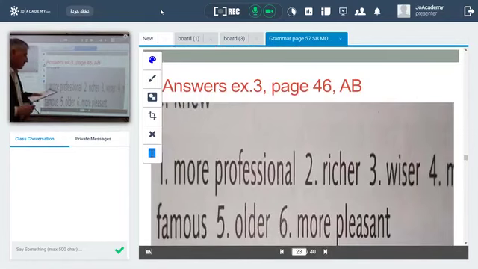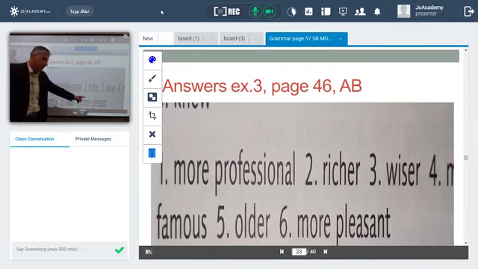The first one is more professional than Miss Marble. He is richer. She is wiser. Number 4, she is more famous than him. We don't really know if she is older, but she is more pleasant. So these are the answers to number 3.